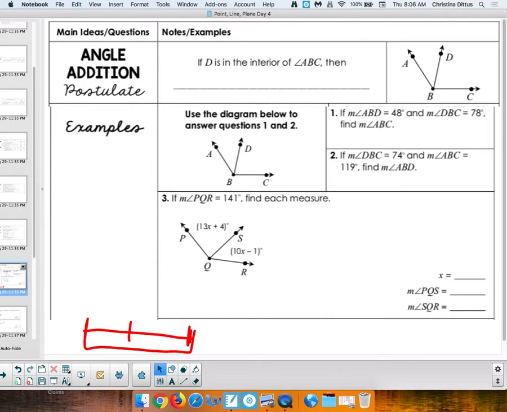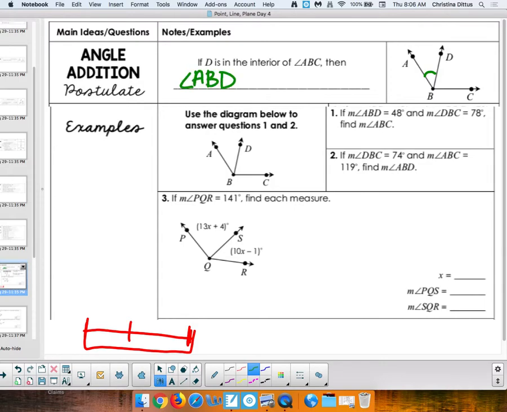That little red thing down here is called the angle addition postulate. All it says is if I have a line that cuts through a big angle, I can take the two small angles and add them together to equal that big angle. So I can have this little angle here, angle ABD.